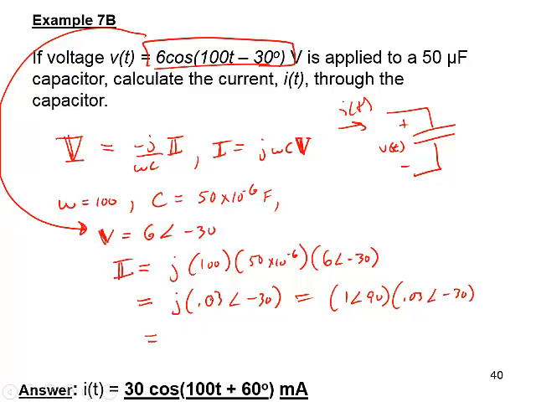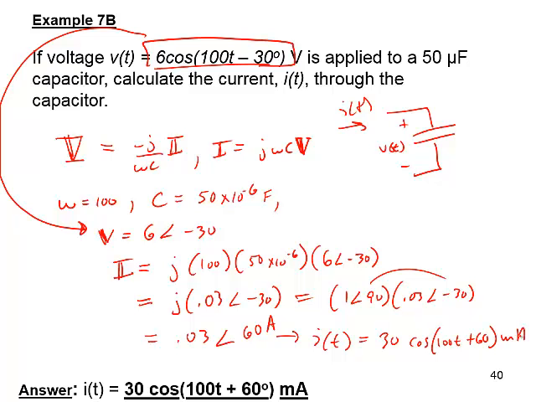And what you'll end up getting is 0.03 with an angle of 60 when you add these things together. And doing the inverse transform, that means your current then is going to be, you can do this in milliamps because this is in amps, so 30 cosine of 100t plus 60 milliamps.